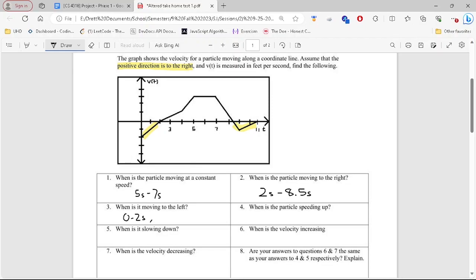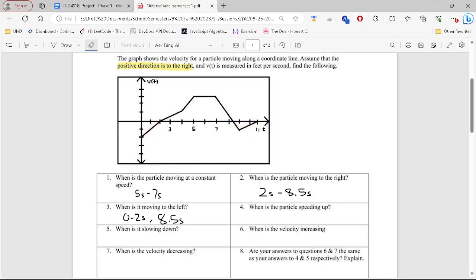And 8.5 to 11 seconds. I don't believe the original had two parts where it was negative. I believe it was positive and then it was negative like that. But for this version, you can see that there are two parts, so you'll need to separate them.